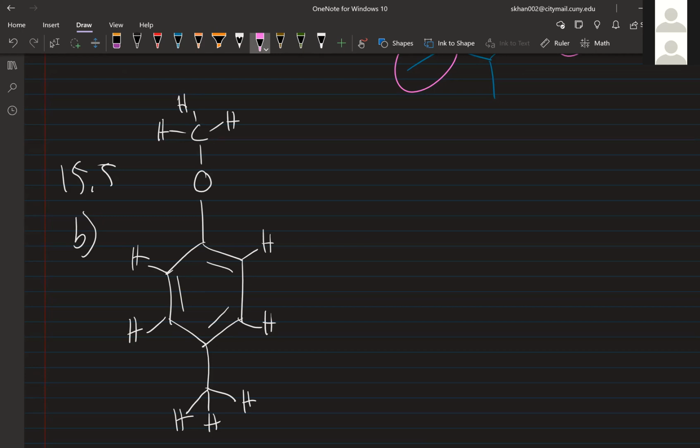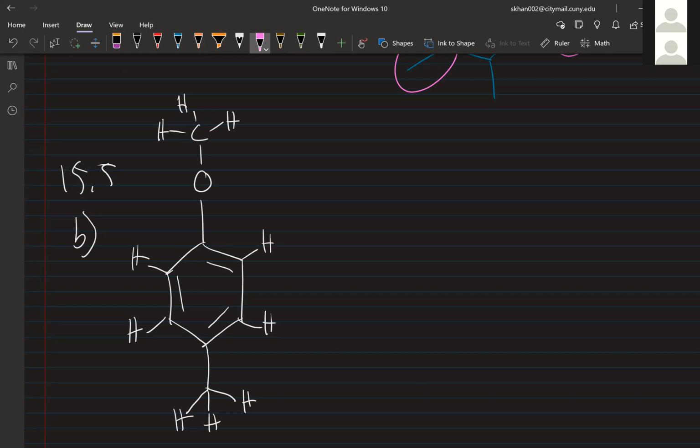If they are either homotopic or enantiotopic, they are going to produce one signal altogether. So here, do they produce one signal or multiple signals? One signal, because if we did a replacement test on all of these, you can't differentiate.